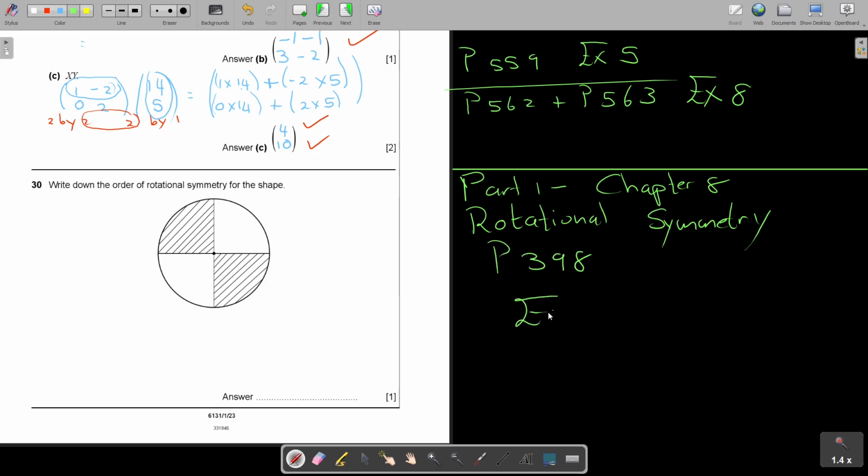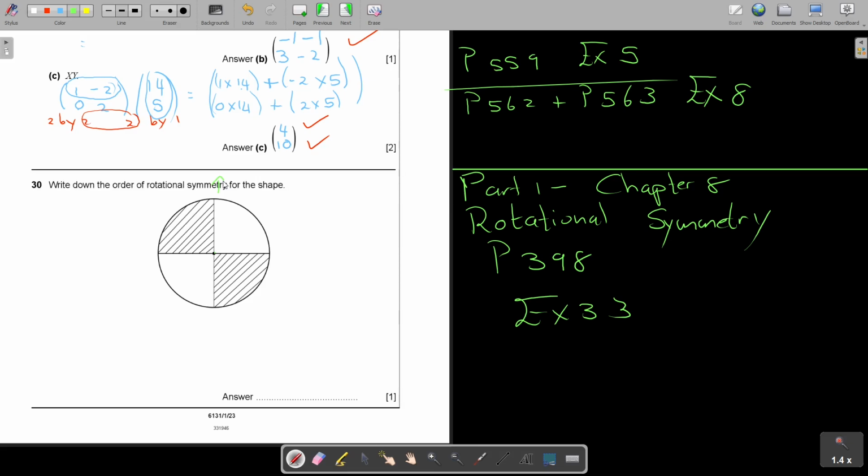And look at example 33, because this is not just a circle, it's shaded, and a plain circle would be infinity. But in this case, what you can do is take a piece of paper and cover it, and then put the pencil there and start rotating it from north clockwise until it reaches north again. And then you see how many times the paper fits on the original one.